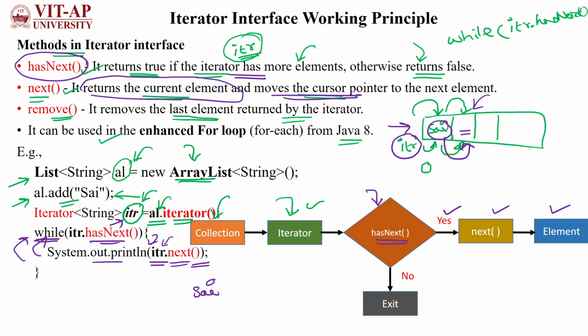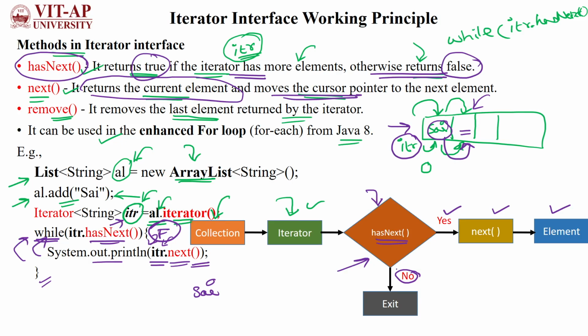If it has elements it will return true, but here there are no elements, so it will return false. If it returns false, it will come out of the while loop; there are no elements, so it exits the while loop.